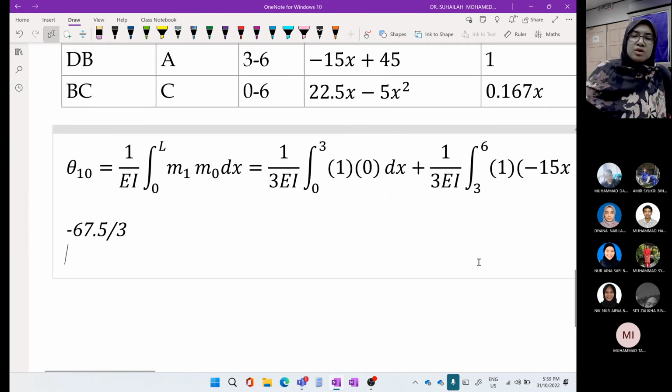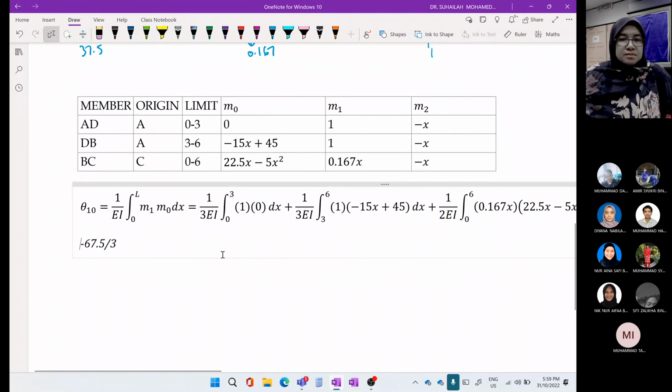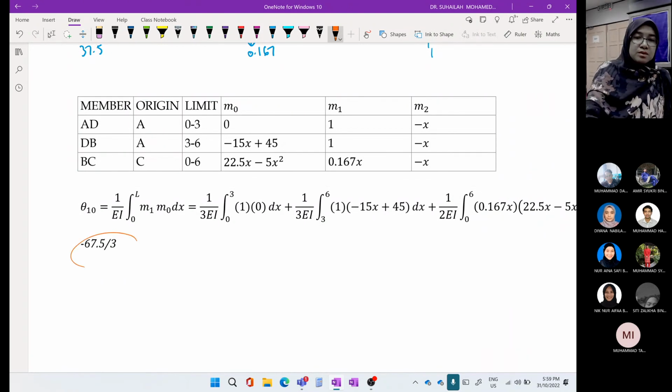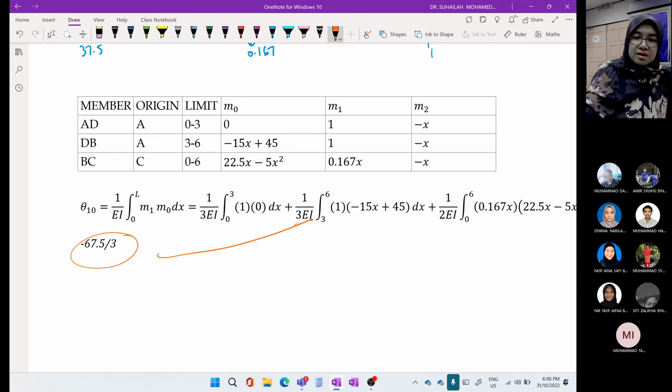Okay? Betul. Okay, so this is theta 1 naught. Tak ada apa, dia just for the answer for this. Kalau nak refer nantilah kan.